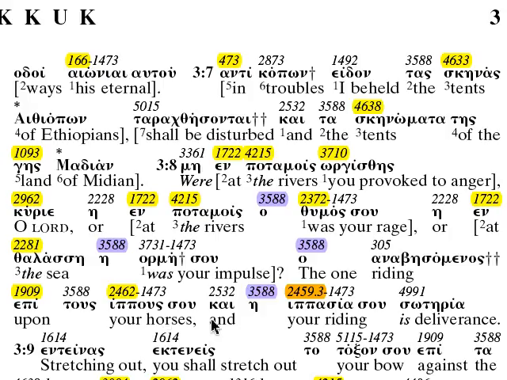The one riding upon your horses, and your riding is deliverance. Hippasia has to do with epos, is a hippopotamus, a river horse, the epos, and this is your riding. It has to do with riding horses because it's the eppasia.